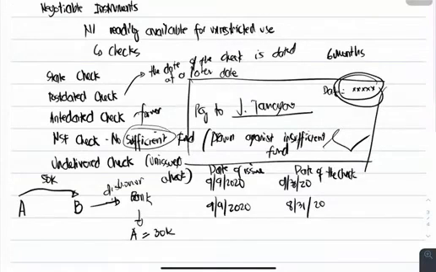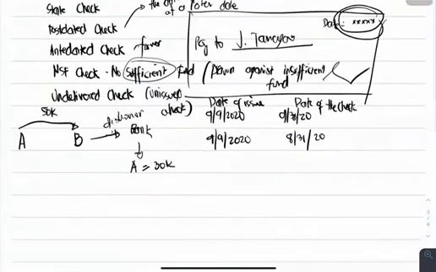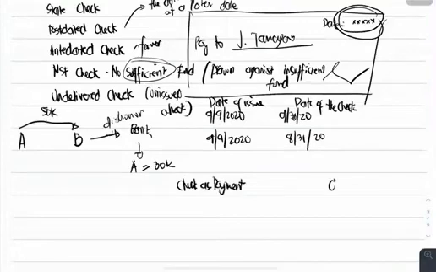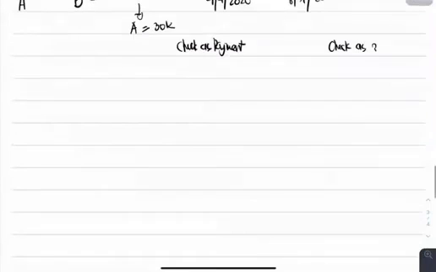So guys, whenever you have checks, you can either be receiving the check or you are paying a check. So check as payment, so you are paying a check. And then we have here check as receipt.